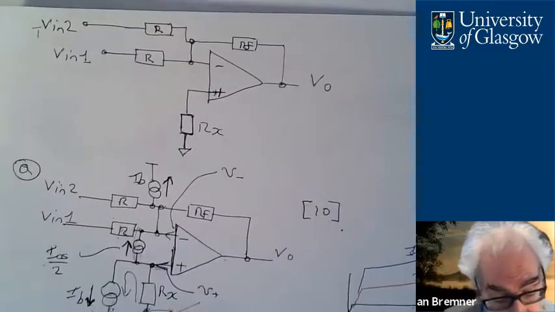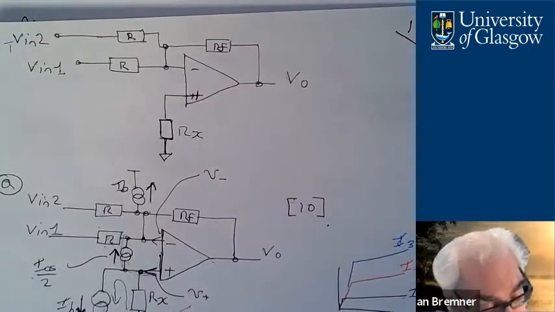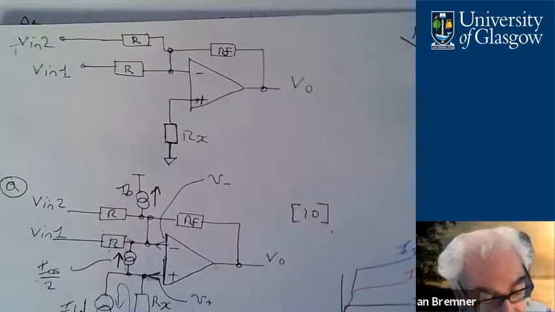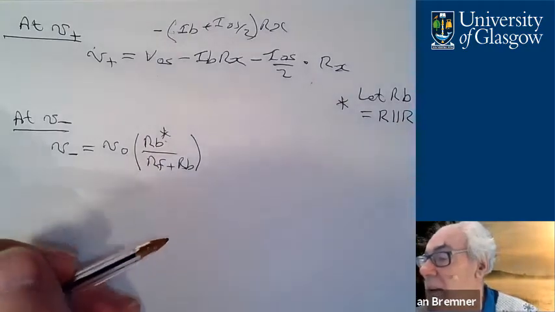You do not need to do that, but it makes the math slightly easier and tidier. So I've combined both these resistors into something we call RB.